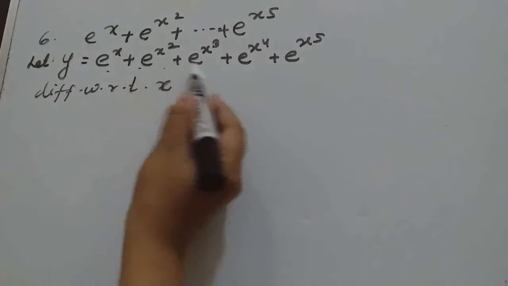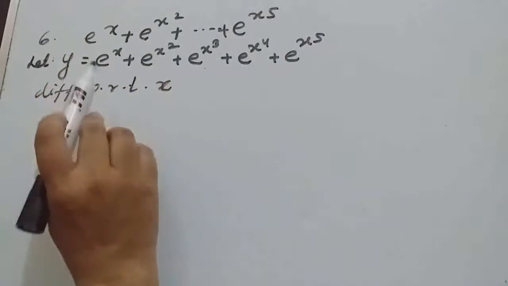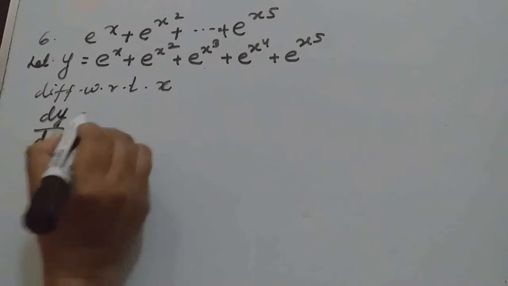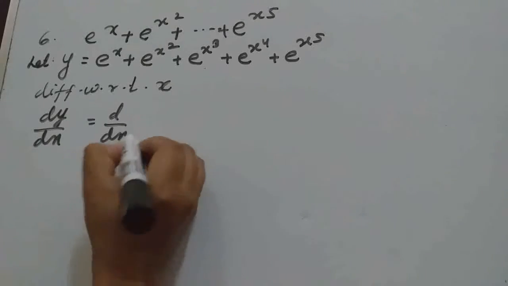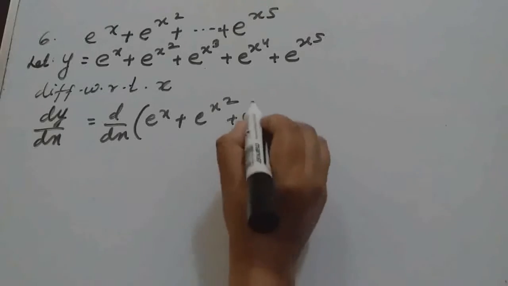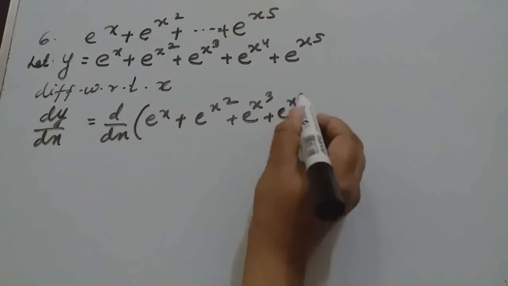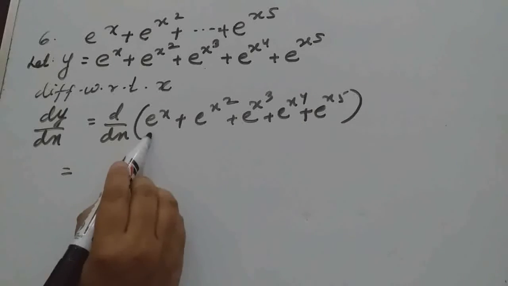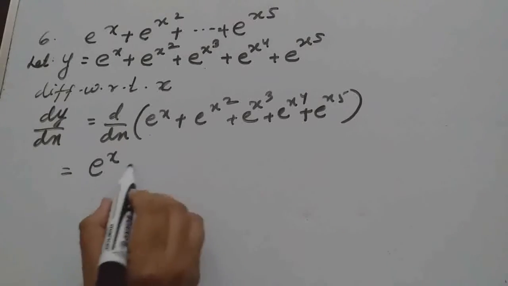Each function is in addition, so the derivative of each function will come, isn't it? So dy/dx is d/dx of e^x, e^(x²), e^(x³), e^(x⁴), e^(x⁵). So e^x will have the same derivative.